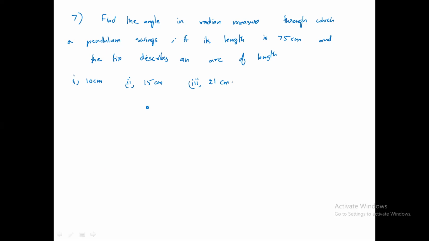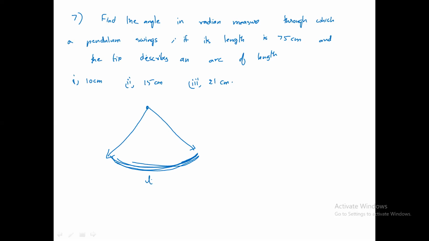So imagine this is the point, and from this point the pendulum will swing like this. And this is the distance the pendulum moves, or this is the arc the pendulum makes.